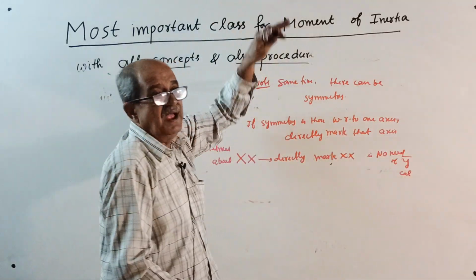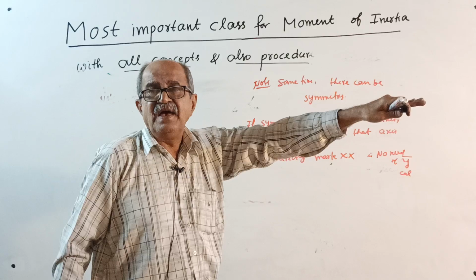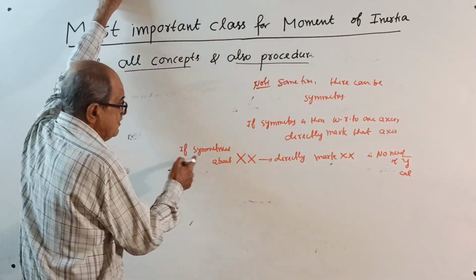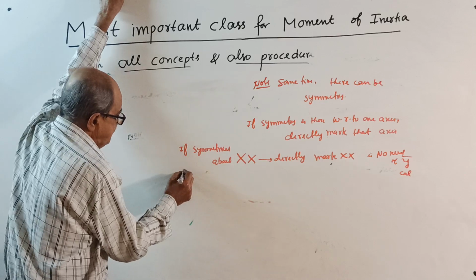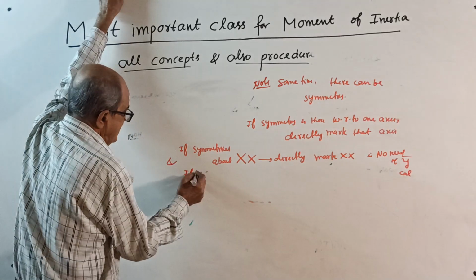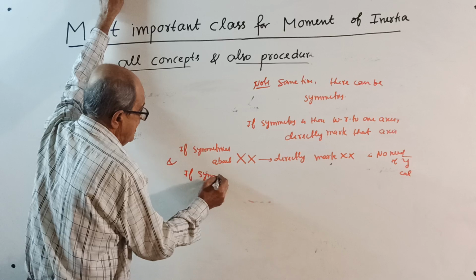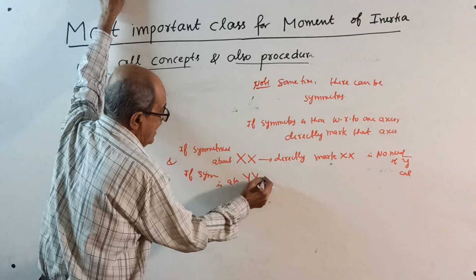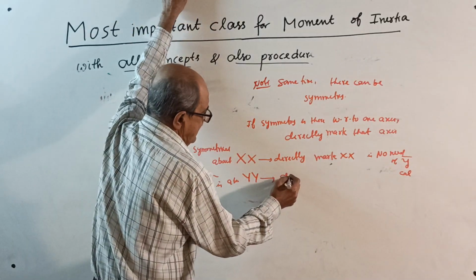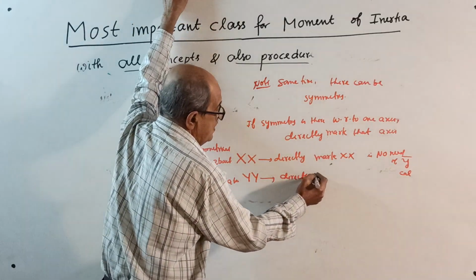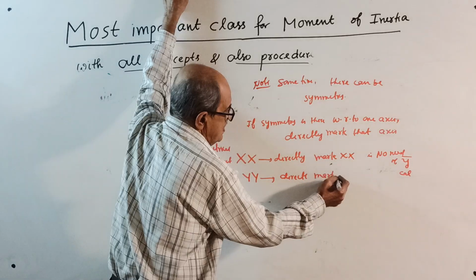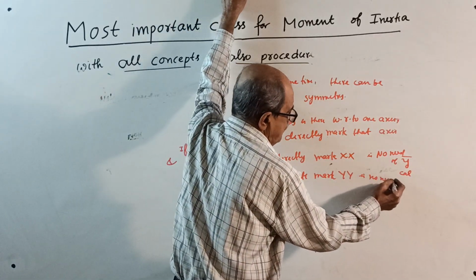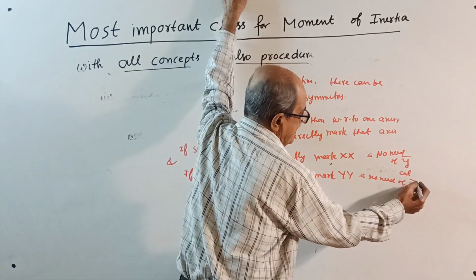It is a waste of time. I already told you the X axis is located by Y bar. In the same way, if symmetry is about the YY axis, then directly mark YY. No need of X bar calculation.